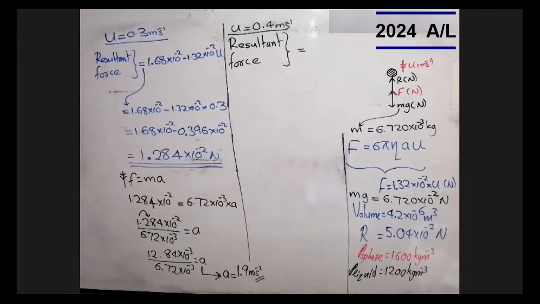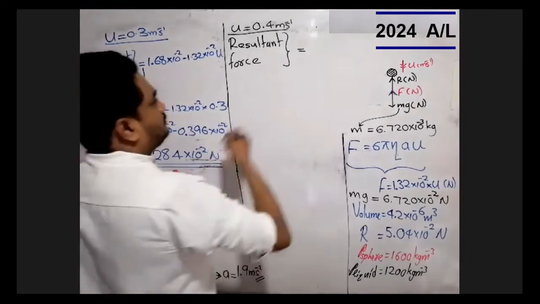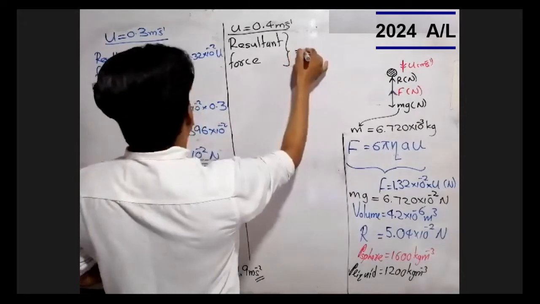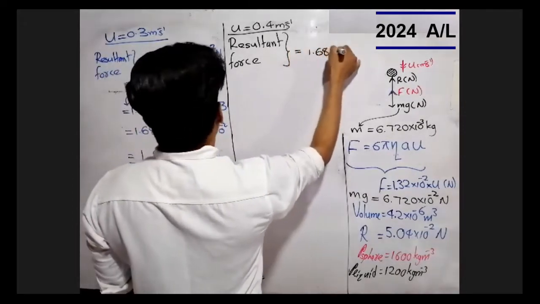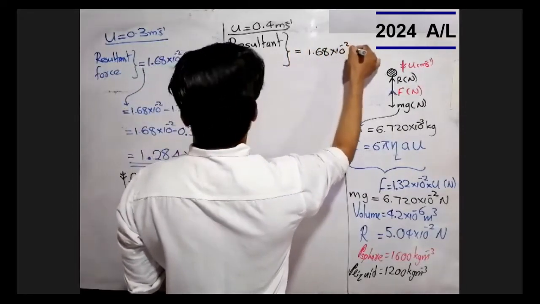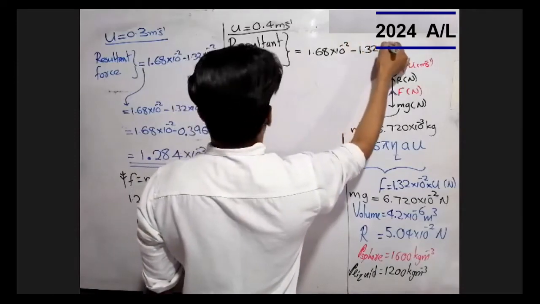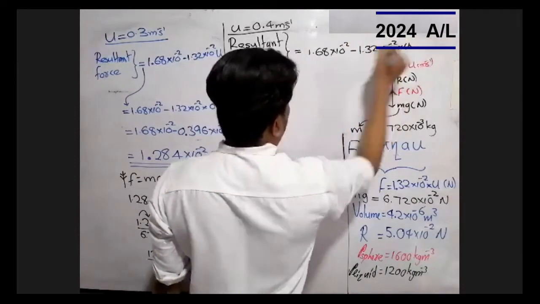Okay, let's give a try. Resultant force is 1.68 into 10 to the power minus 2 minus 1.32 into 10 to the power minus 2 times u. U is the velocity.